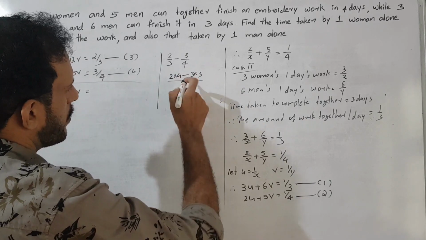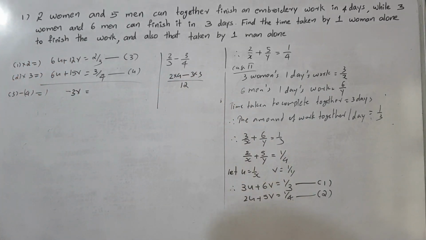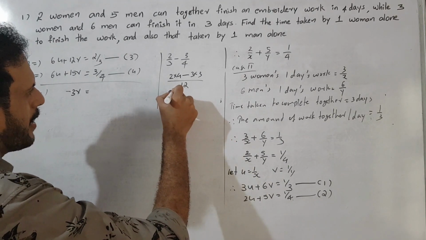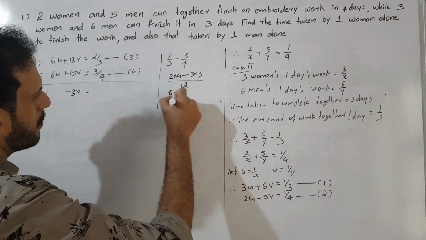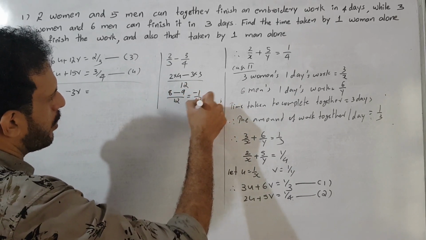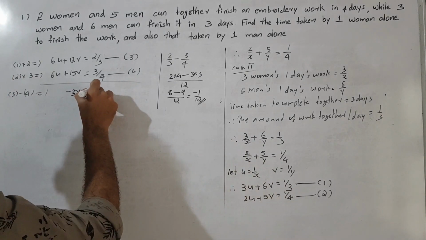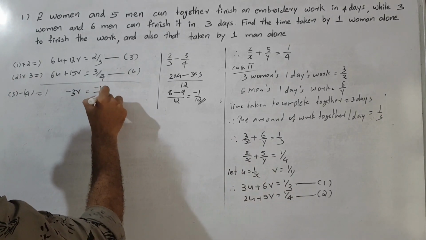Then we make both denominators 12. Correct? 3 and 4. Then 2 into 4 is 8. 8 minus 9 by 12 is equal to minus 1 by 12. Okay, then what is the answer? Minus 1 by 12.